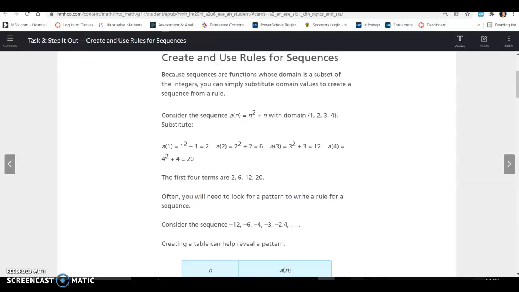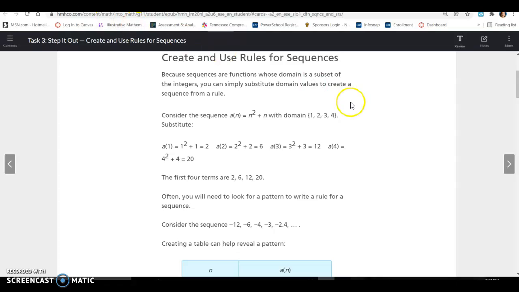Lesson 13.1, task 3. Create and use rules for sequences. Because sequences are functions whose domain is a subset of integers, you can simply substitute domain values to create a sequence from a rule. Consider the sequence a of n equals n squared plus n with a domain of 1, 2, 3, 4.